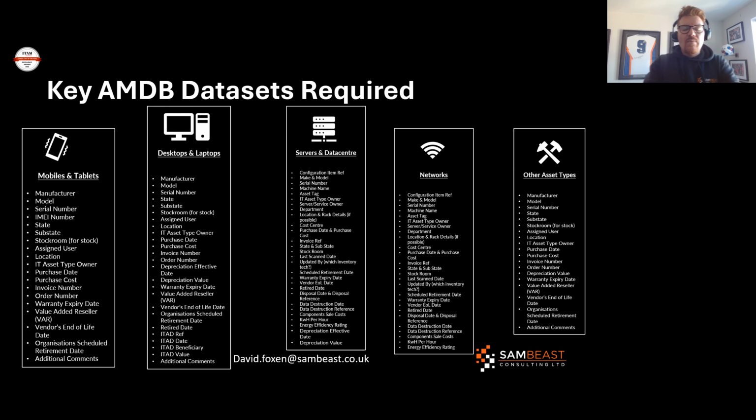Some key ones in there that are often overlooked include things like depreciation values, very important for all of your asset types, depreciation start dates, depreciation end dates, stock rooms when assets are in stock so that you know exactly where they are and what the substate of that would be, whether it's pending disposal, being repaired, being replaced, a loan, or good to go. And on the more infrastructure data center side of things, physical locations, what rack they're in, where they are, that kind of thing. So having all of this information will be unbelievably useful to you when you're managing your hardware assets within your asset management database.